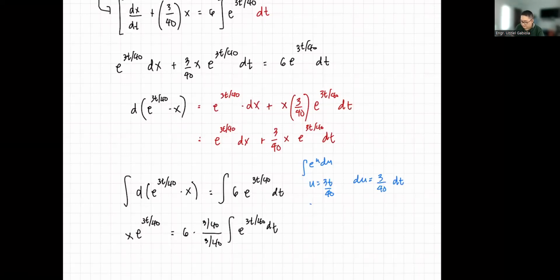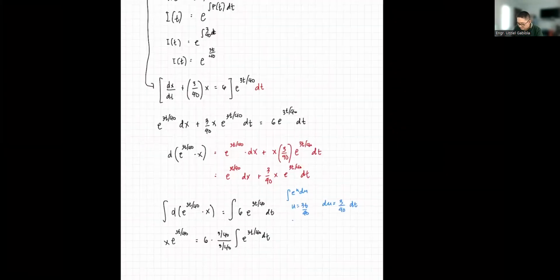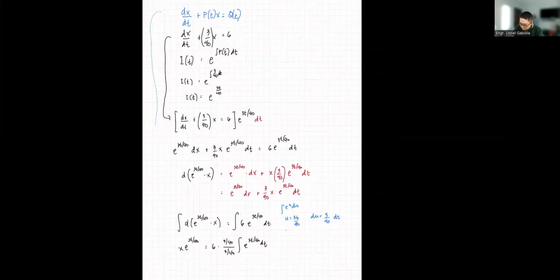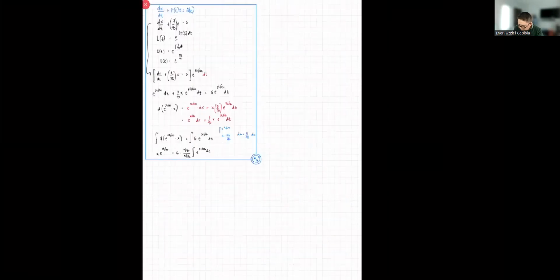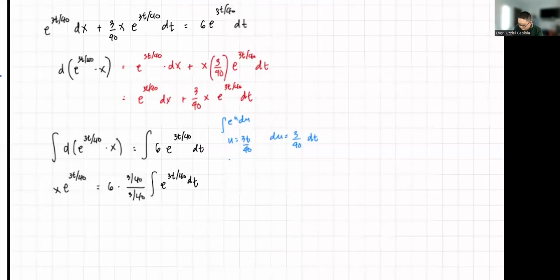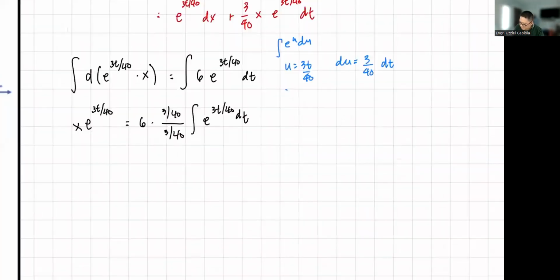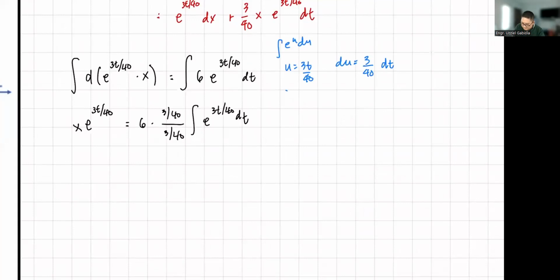And then ipapasok natin doon sa loob ng ating equation. So, x e^(3t/40) is equals to 6 over 3 over 40 times e^(3t/40). Nandito na siya sa loob, 3 over 40 dt.